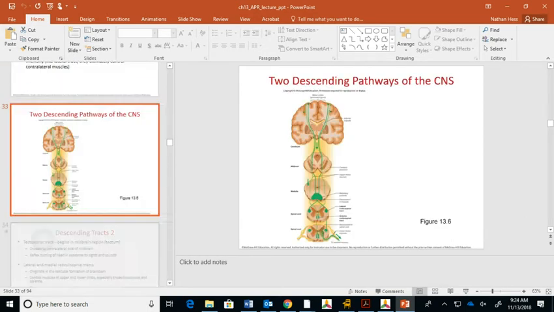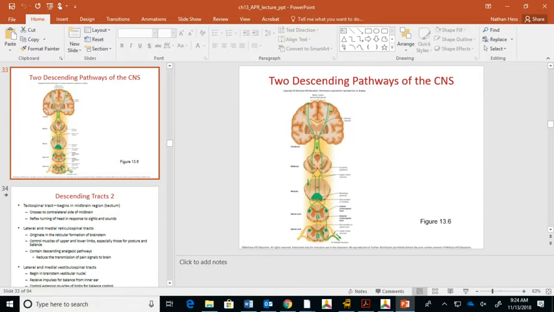Like I said, I'm being purposeful in choosing not to dive into the significant details of these because I think it would just overwhelm us as a group. Did I miss anything from there? Again, each tract carries specific information to specific areas of the brain and the body.